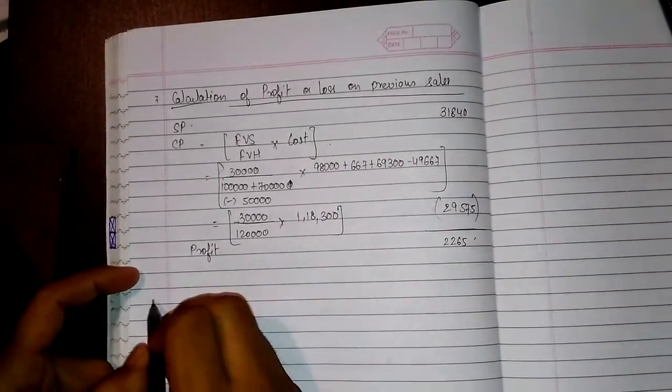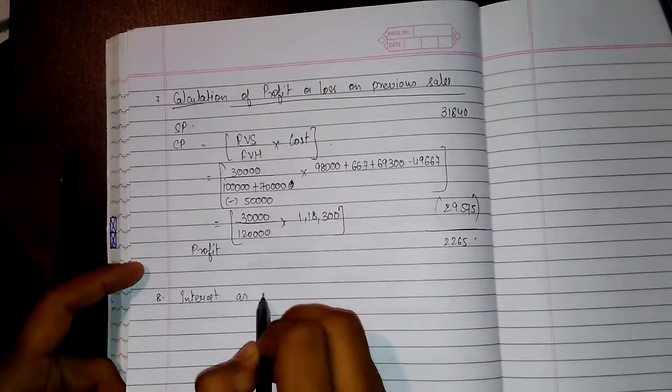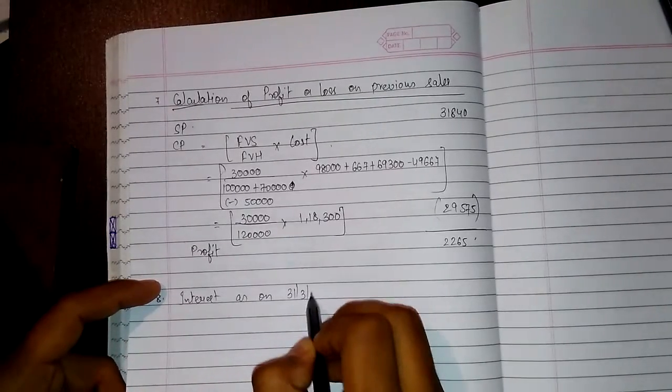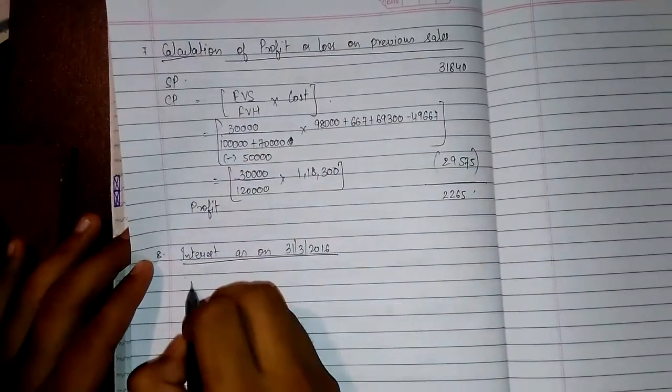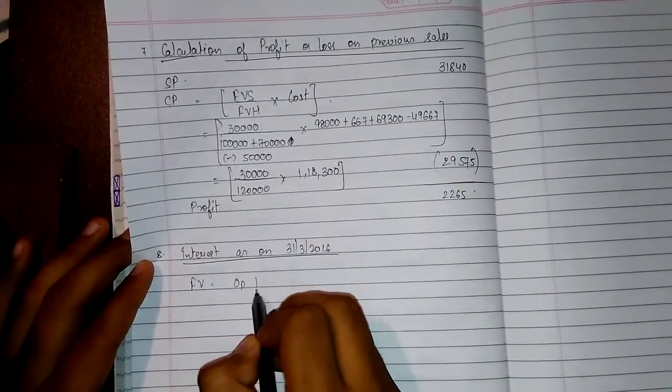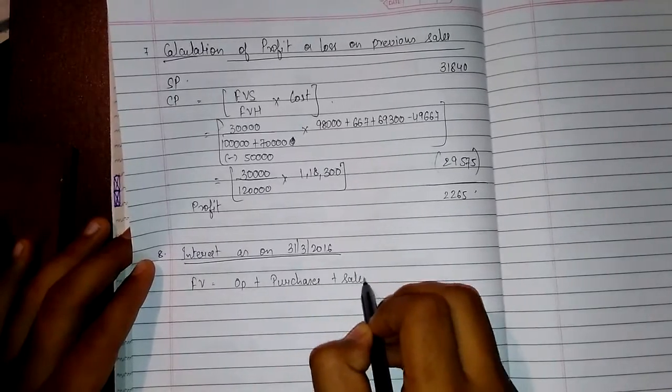So again we'll calculate the face value of interest as on 31/3/2016. Okay, so face value is equal to opening plus purchases less sales.